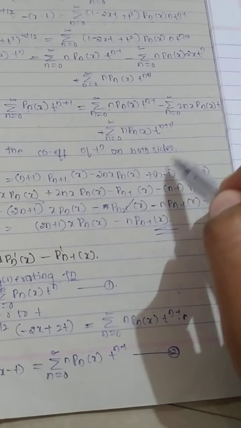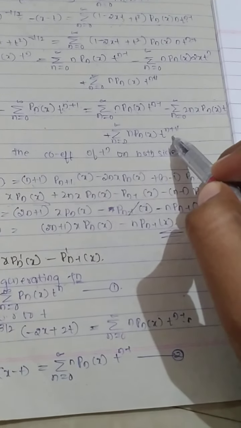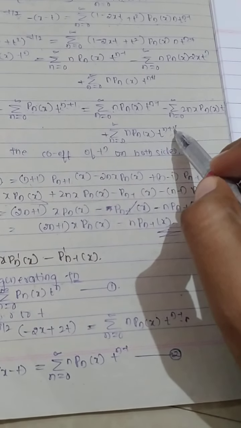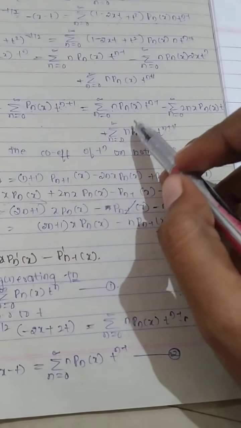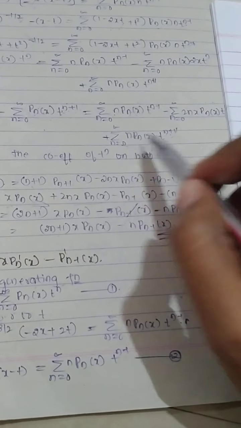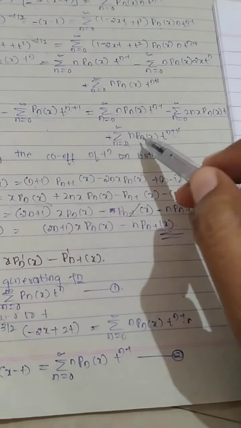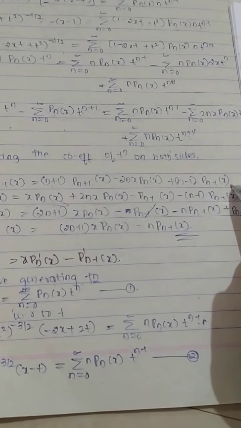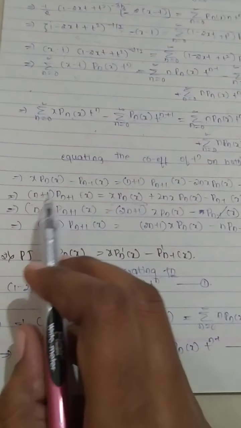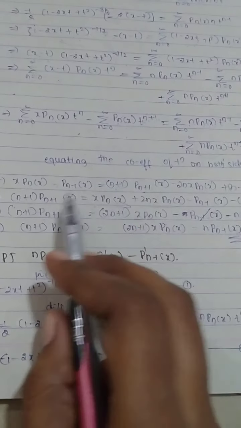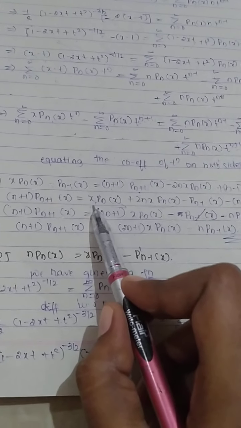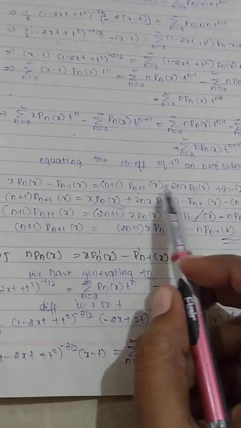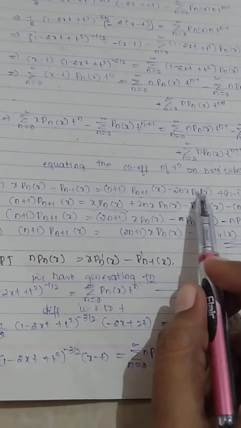So simply I can write minus 2nx Pn of x plus, so here my t raised to n plus 1 has the coefficient n into Pn of x, so the coefficient before it becomes n becomes n minus 1, Pn becomes Pn minus 1 of x. So I have now n plus 1 Pn plus 1 of x is equal to x into Pn of x, because I will keep this term as it is and I will shift this term to the other side.